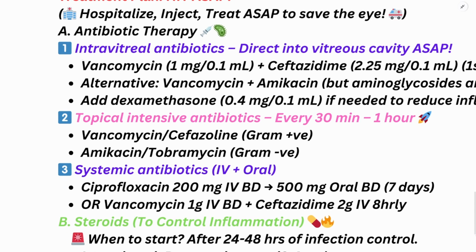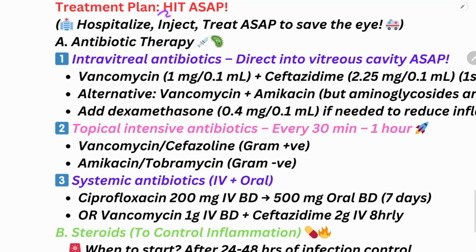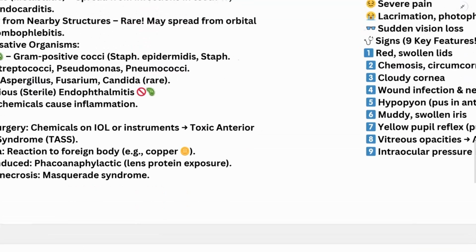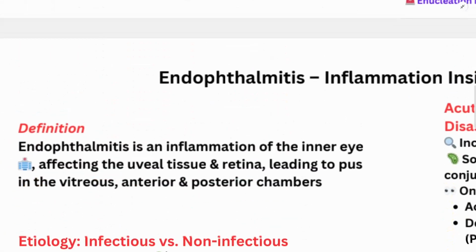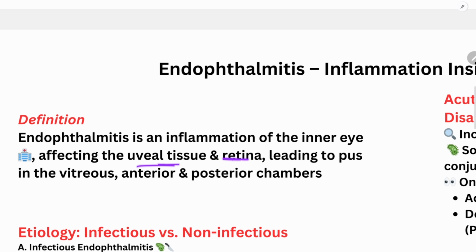Okay, so here the treatment plan is HIT as soon as possible. H for hospitalization, I for inject antibiotics, T for treatment as soon as possible to save the eye, because it is endophthalmitis which is inside the eye and involving the inflammation of many structures like uveal tissue, retina, etc.